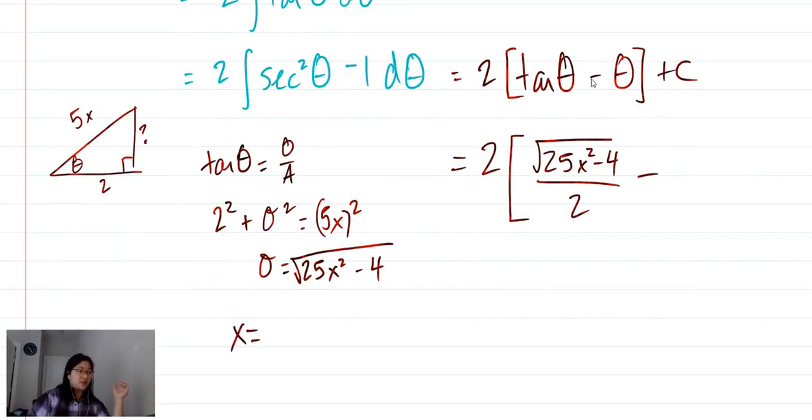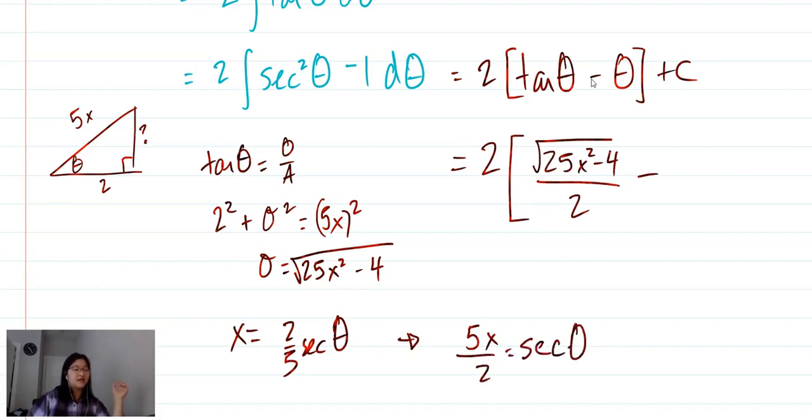If we have x equals 2/5 secant theta, then 5x over 2 is equal to secant theta, which gives us theta is arcsecant of 5x over 2.